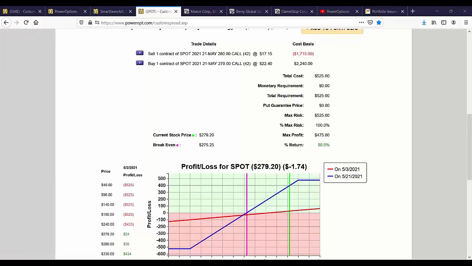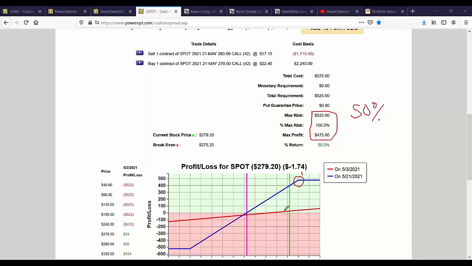Why not do this if this is so good with closer to a 1-to-1 risk-reward ratio, even though we know the probability is only at about 50%, 45%, that the stock might be above 280 here at expiration? Why am I not doing this with bull puts? Well, it's because I don't want the put to be in the money.